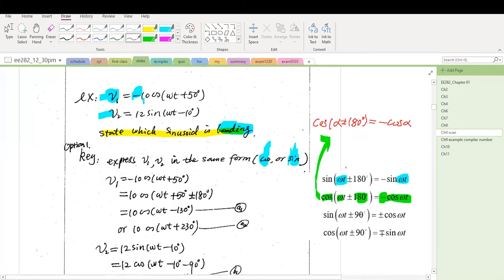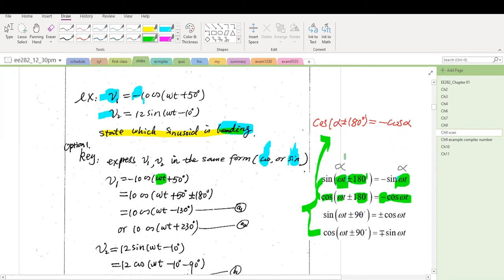It really should be replaced by alpha and alpha. The confusion comes from here. If this is omega t, and then we use the formula, they relate this omega t and this omega t together. Treat omega t in the formulas as a general argument.